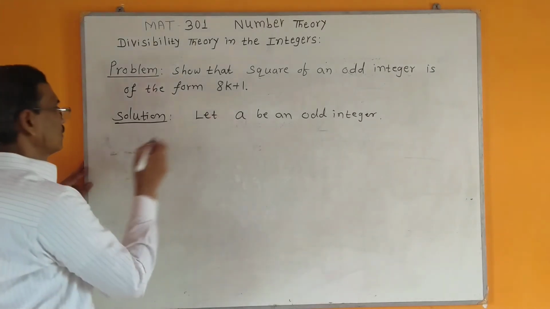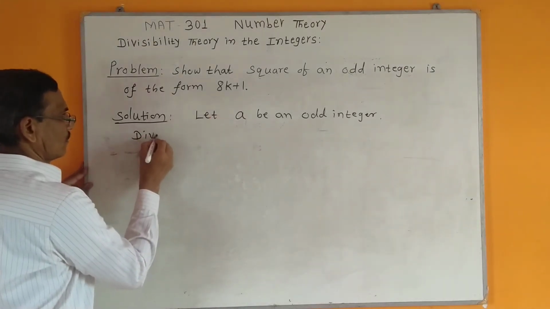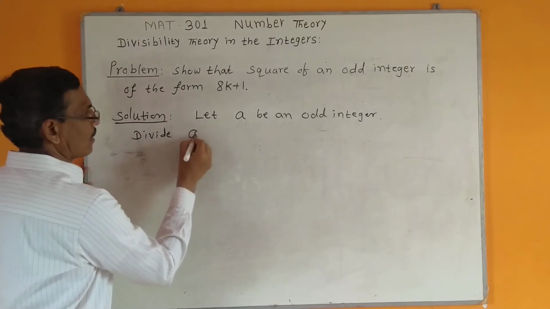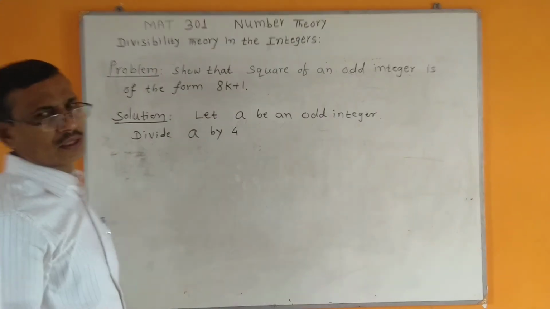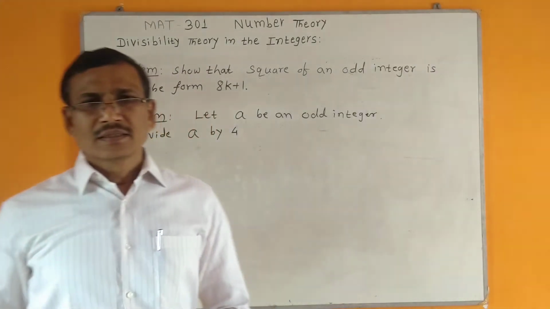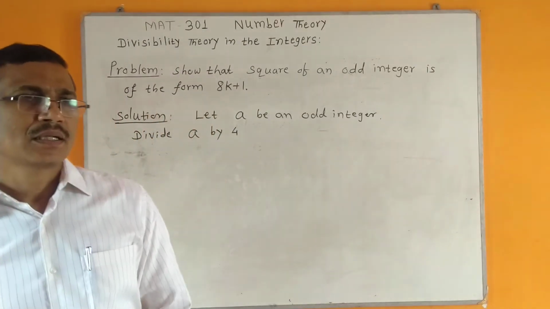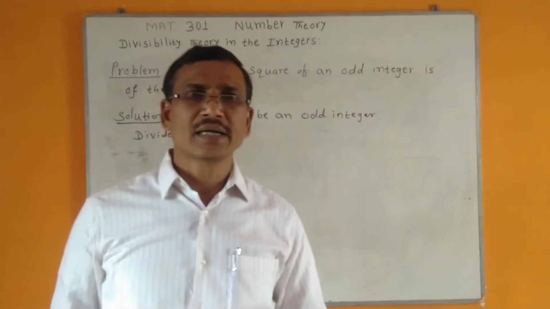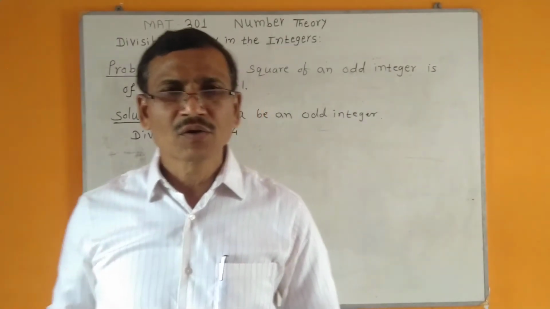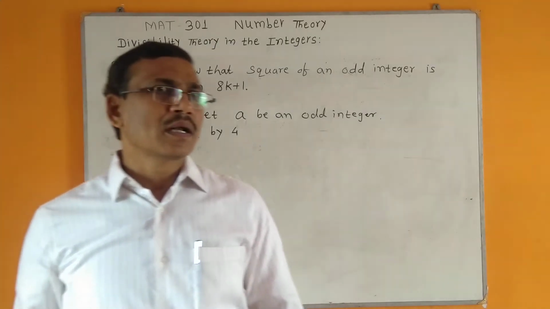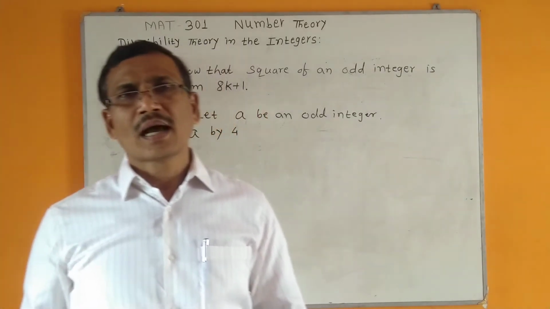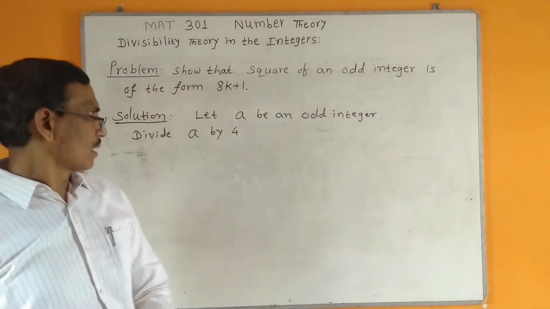Now we shall divide a by 4. That means 4 is a divisor, a is a dividend. By division algorithm, we consider q and r as a quotient and remainder.